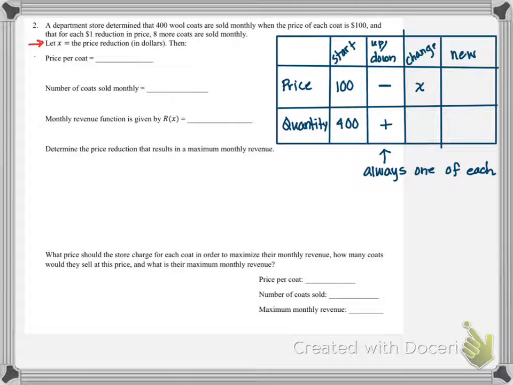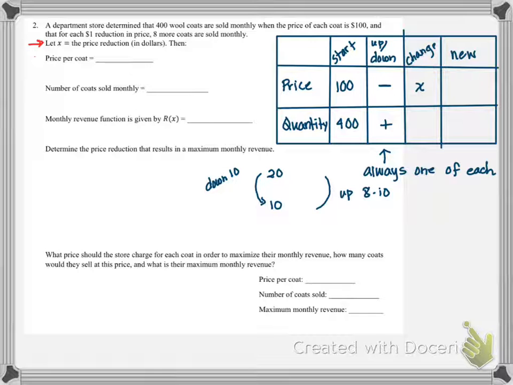And then remember when we did those tables, we said that if we had a price of 20 and we skipped to a price of 10, that if this went down 10, the quantity had to go up 10 times.